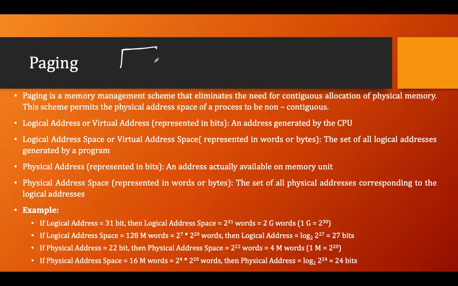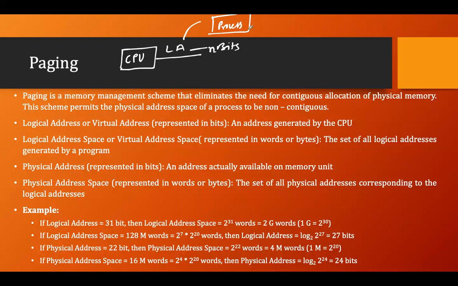Now let's assume that the CPU is generating, and we know that the CPU generates a logical address, and this logical address belongs to the process. This logical address is generated in the form of bits. Let's say it is generating n bits.